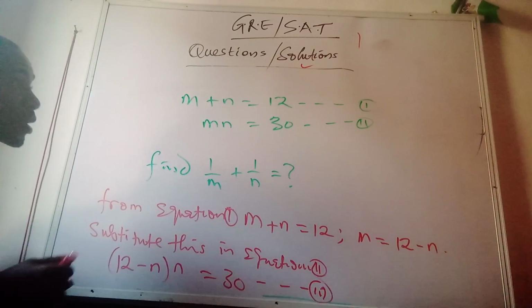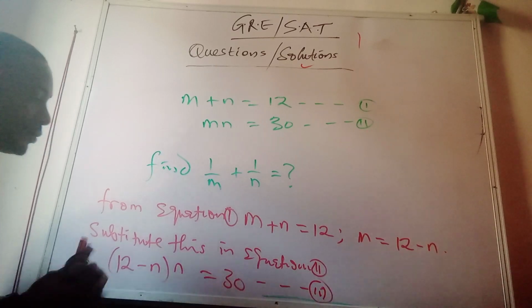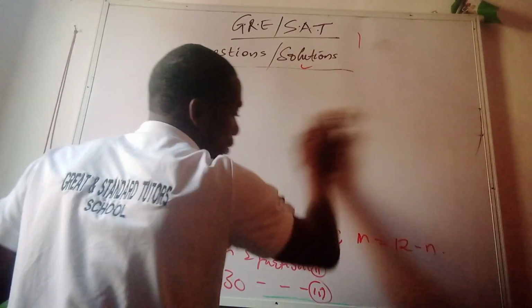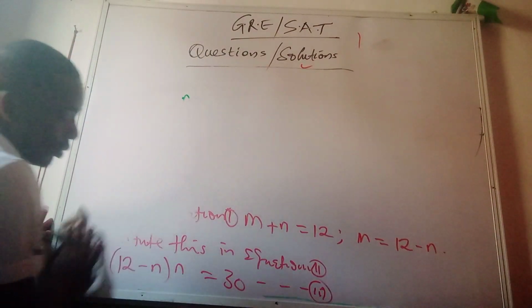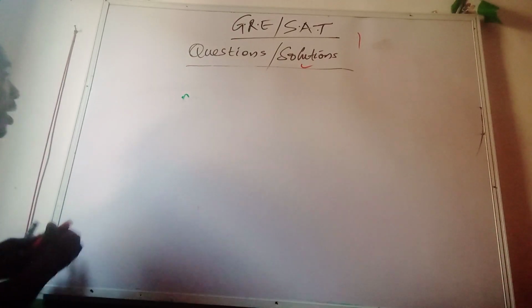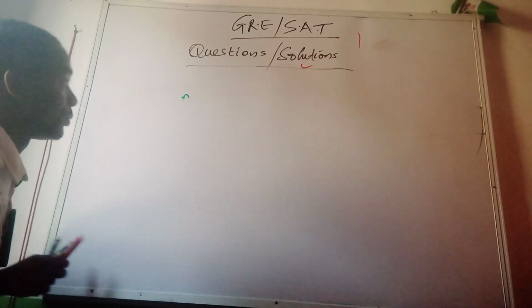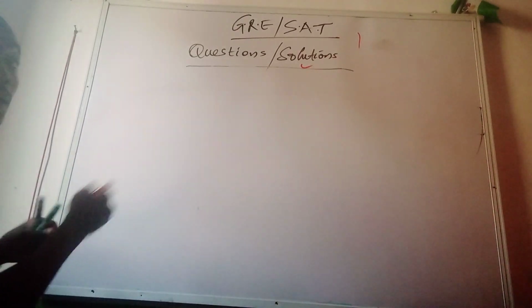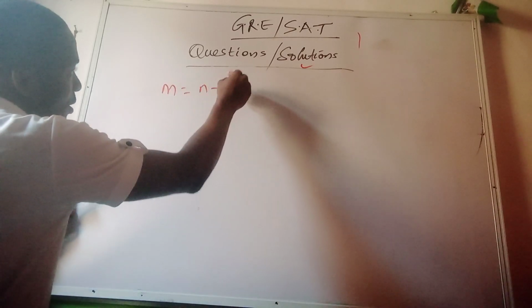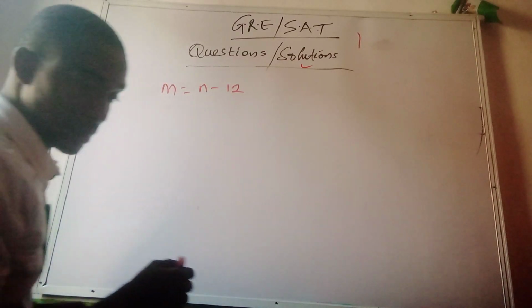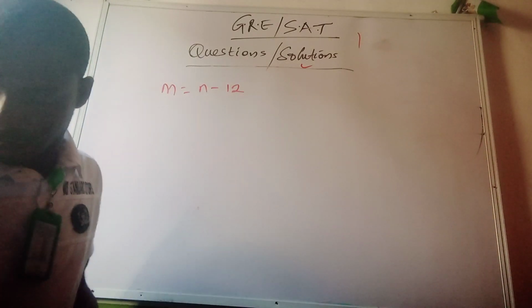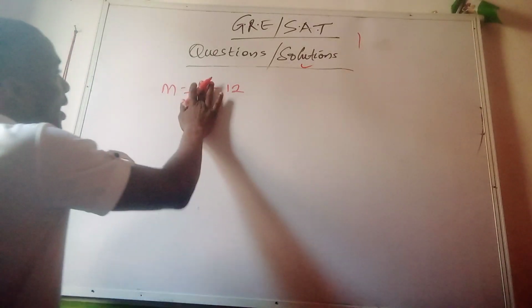Let's quickly see what that equation 3 will bring out. Don't forget, we have our m equal to 12 minus n.